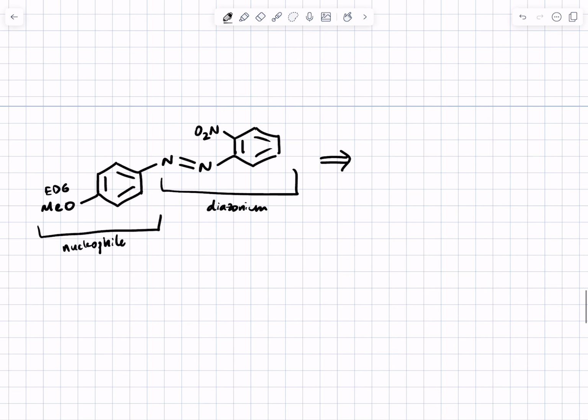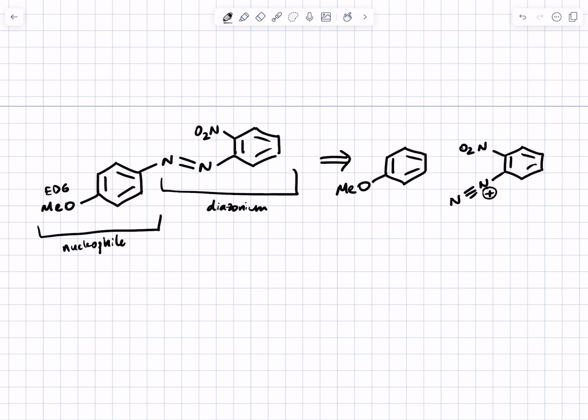So the starting materials would therefore be this nucleophile, right? And then this electrophile with the nitro group here, and then the diazonium group here.